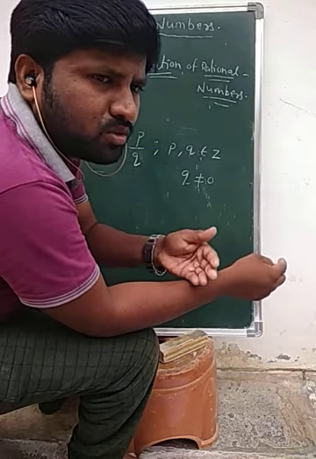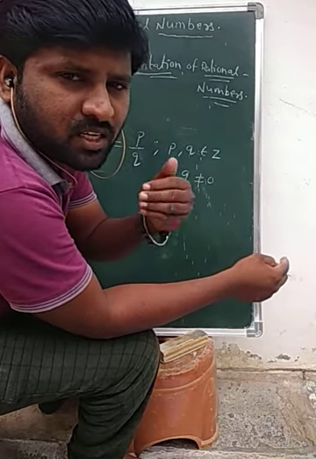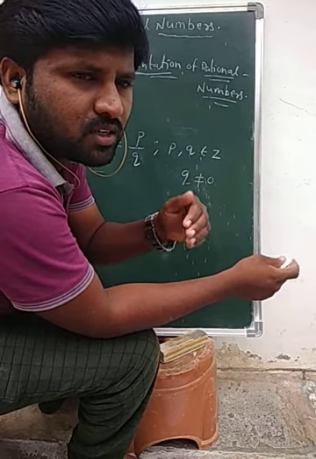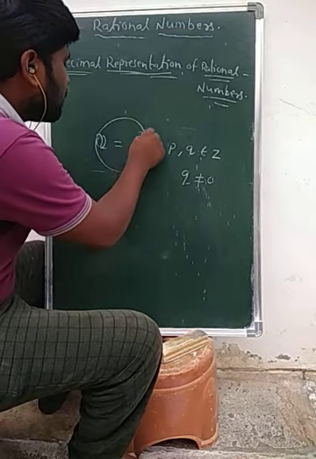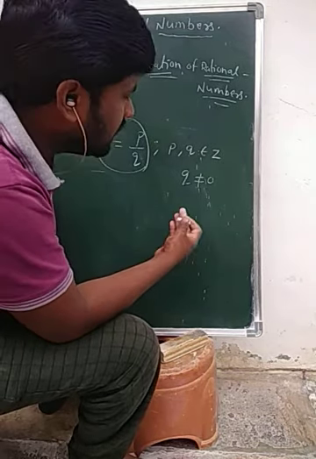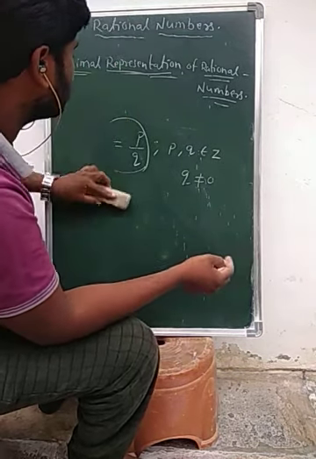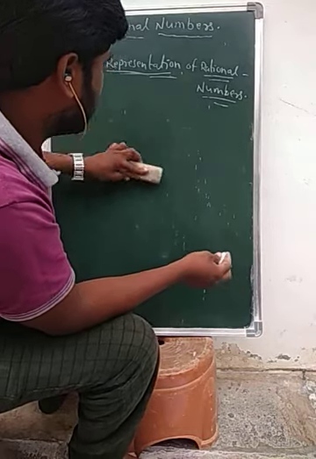Now, how to write the decimal form of a rational number? Okay, now let us see one example here.